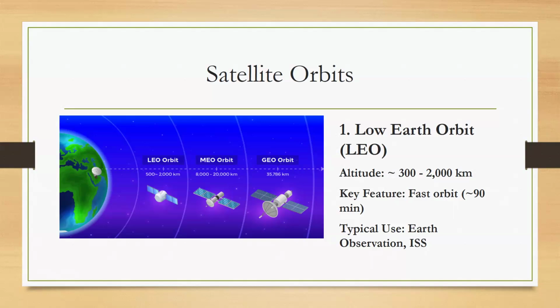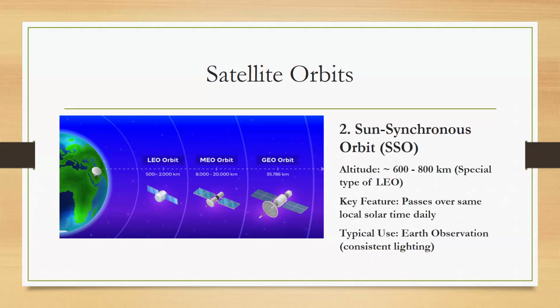So in just an hour and 30 minutes, they've gone around the Earth. So they go around the Earth several times in a day. And yeah, they are the type that are typically used for Earth observation, and the International Space Station is also in that class of the low Earth orbit.